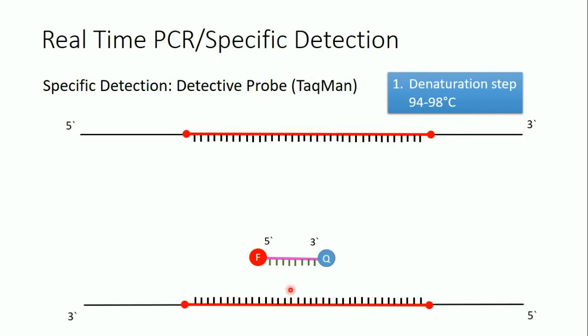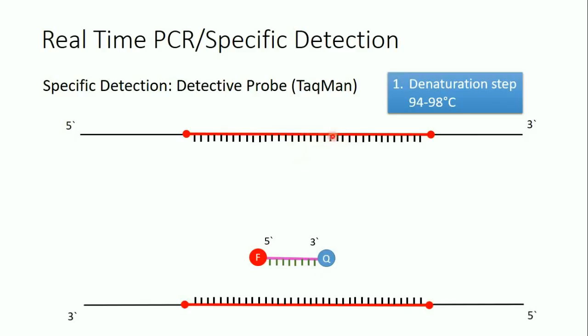At this step, the TACMAN probe will recognize our DNA strand, because it's specific. So this is exactly complementary to our gene or our strand or our sequence of interest.